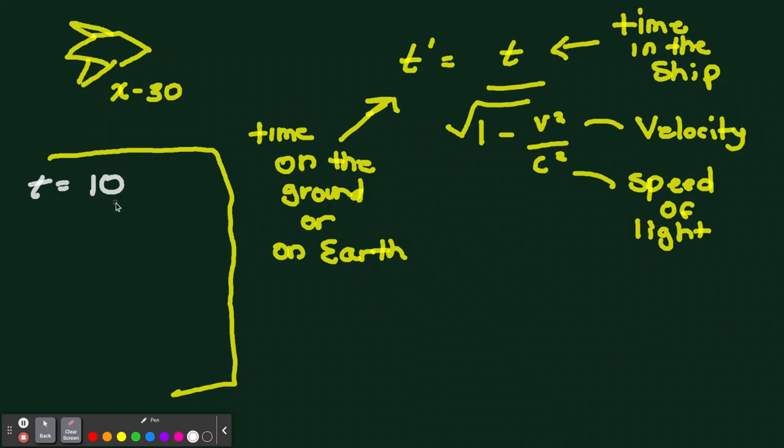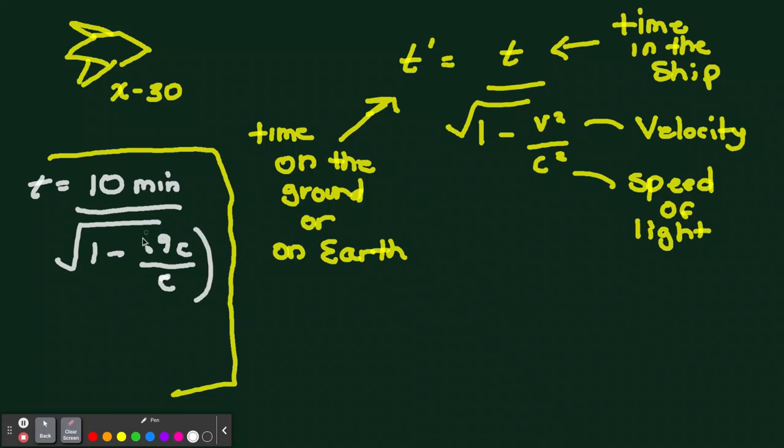That's the interval that passed. You're going 0.9 the speed of light for 10 minutes. We'll put 10 minutes over there. We have that already. And we're always going to have 1 minus, and we say we're going 0.9 the speed of light. 0.9 c over c, the speed of light, and all that is squared.